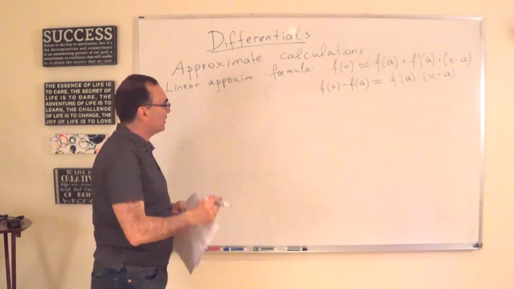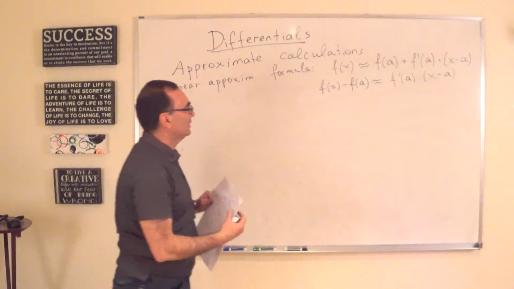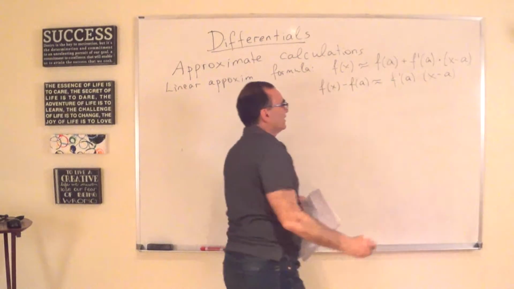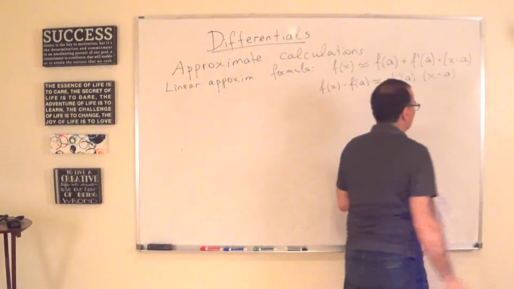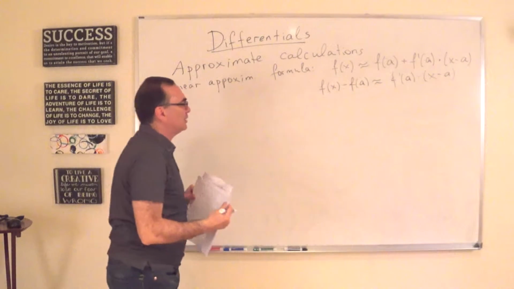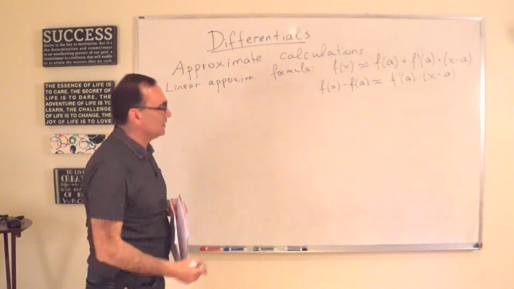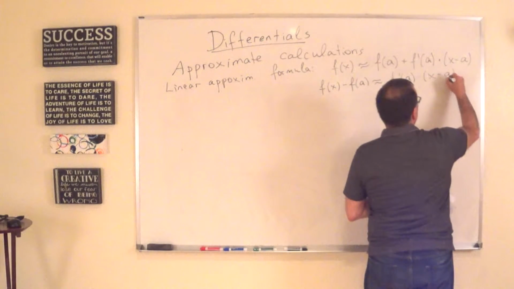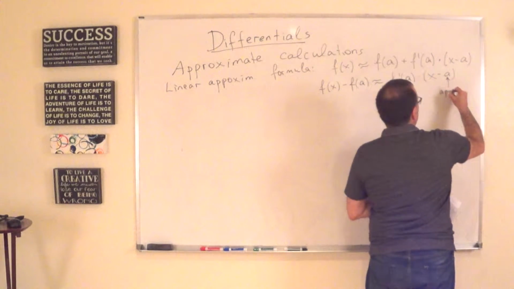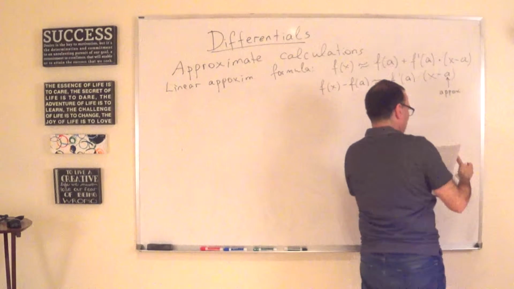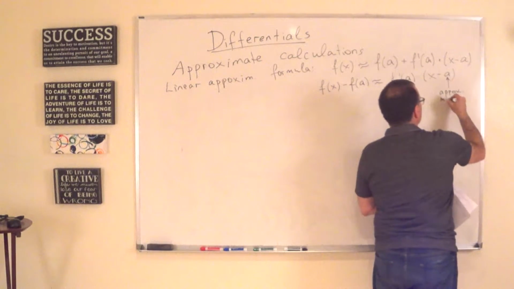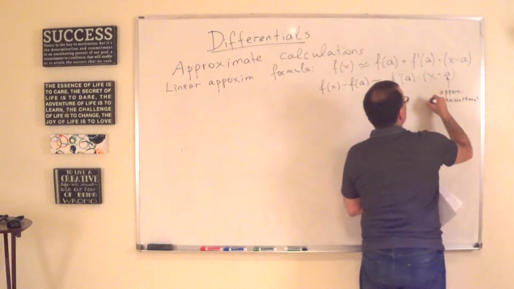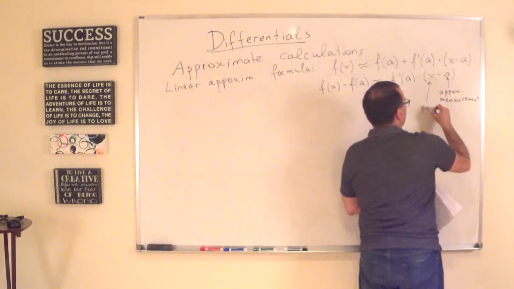And now here is how we can interpret this formula. Let's say that x is a certain physical value that was measured, and it was measured approximately, not precisely. So let's say that a is the approximate measurement, and x is the precise measurement.